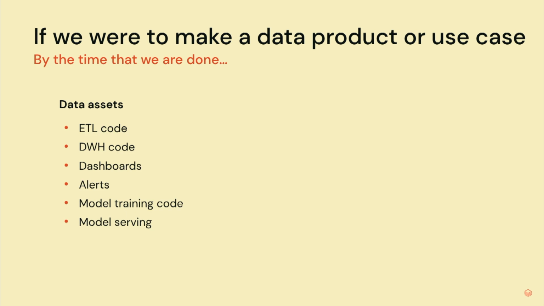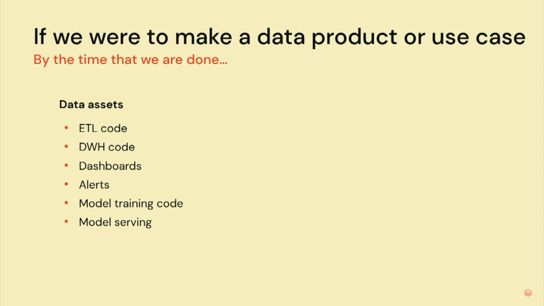So, gonna jump into this. Guess it makes sense to start. If you were to ship a data product or a use case, by the time you're done, it's going to comprise a lot of different things: ETL code, data warehousing code, dashboards, alerts, maybe into the ML space, you've got LLMs, model training code, all sorts of fun things.